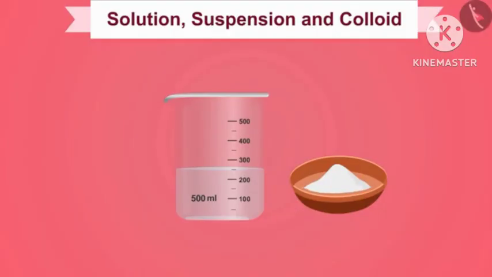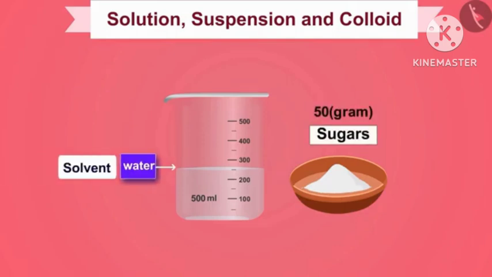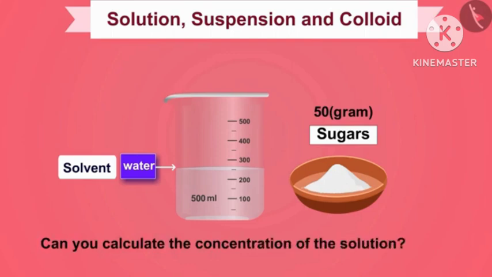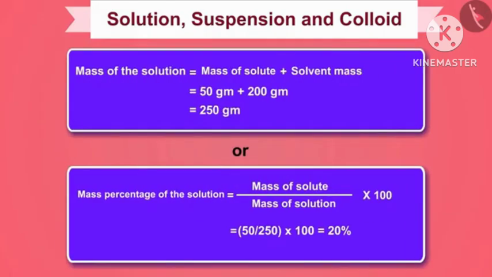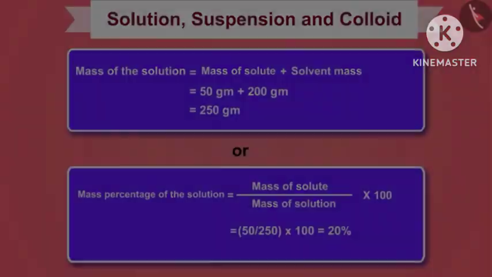Friends, if 50 grams of sugar is dissolved as solute in 200 grams of solvent water in a solution, can you calculate the concentration of the solution? Pause the video and think about the answer, and then match your answer. We can solve this question in this way.